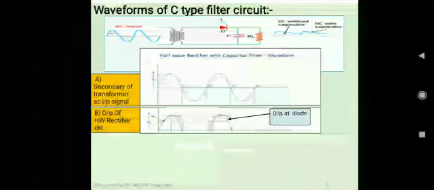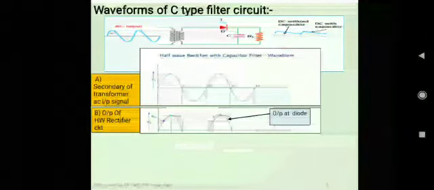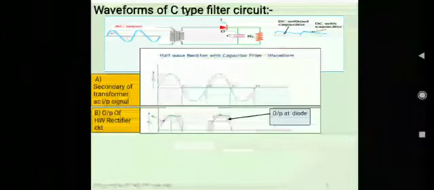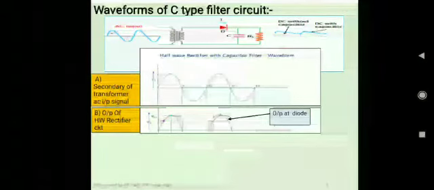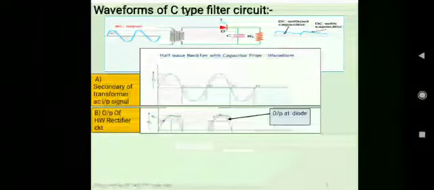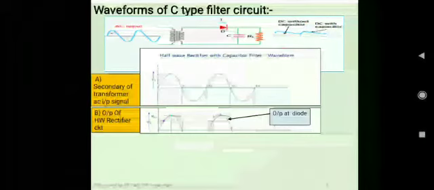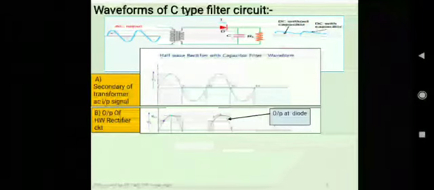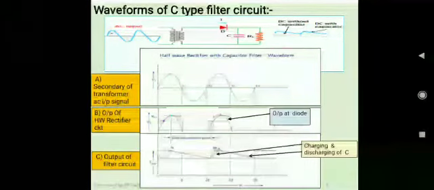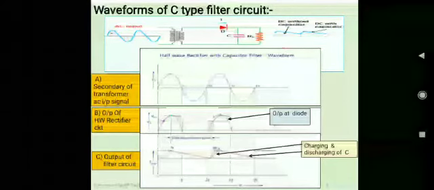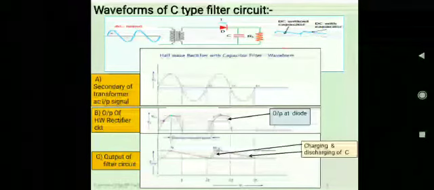So this makes the diode forward biased, and the current flows through the diode and through the capacitor and is received by the other terminal of secondary of transformer. As the current is flowing through the capacitor, we can see in waveform C there is a charging of capacitor, and this charging of the capacitor will be up to the maximum voltage of the secondary of transformer.